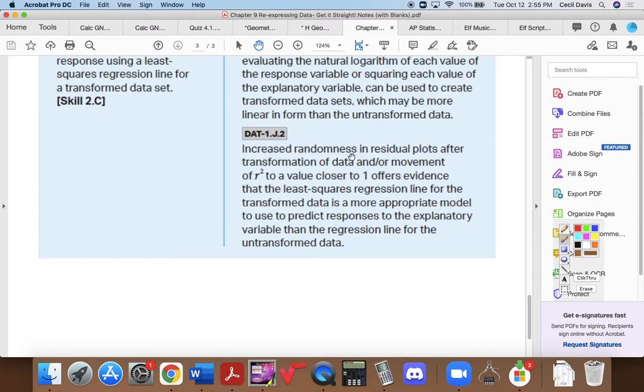Increased randomness in residual plots after transformation of the data means that it's better than it was. And or movement of an R squared value closer to 1 also offers evidence that it's better. Not that it's perfect, but that it's at least better than it was before.